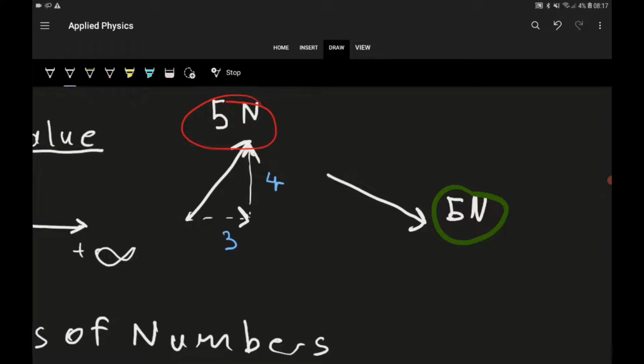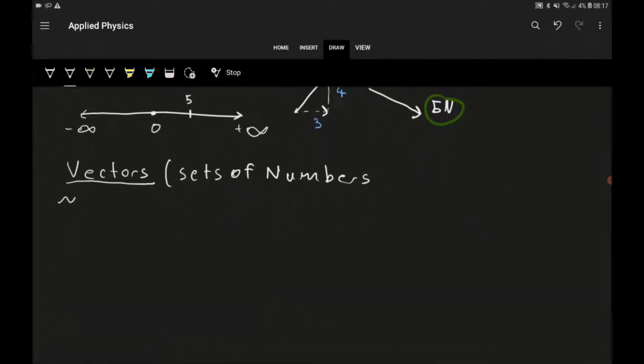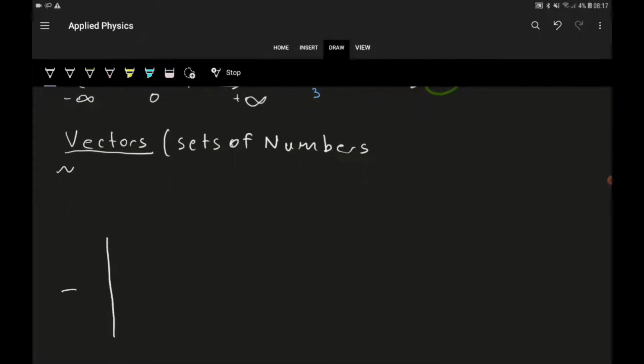And for this 3 and 4, we would usually not use just a number line, but an x and y plane or an x, y, and z plane. For 2D and 3D vectors, this would be a two-dimensional picture. And we'd say you travel 4 across, and 3 upwards, and there you have your 5 newtons.